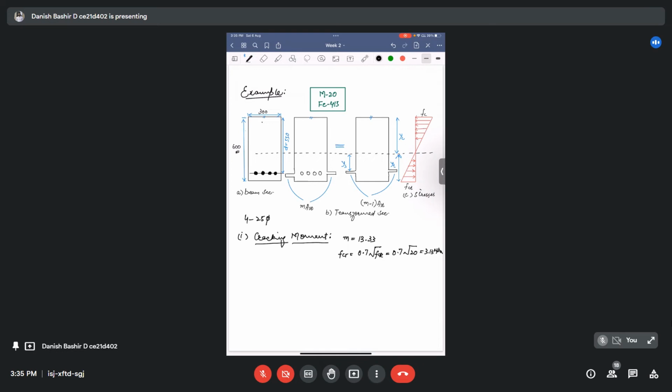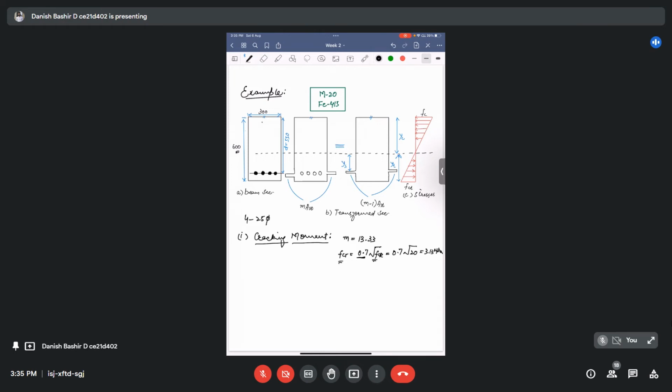You have to take care of this here. FCK is in megapascal. If we see that this is in megapascal, this is also in megapascal, but it is the rule. Dimensionally, we would say this equation is not correct, but this 0.7 also has a unit.